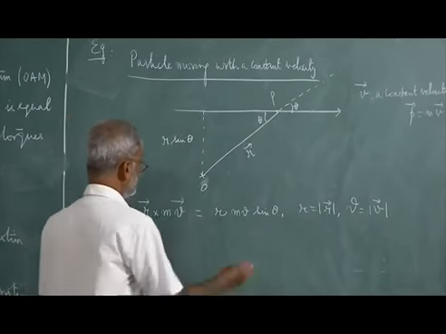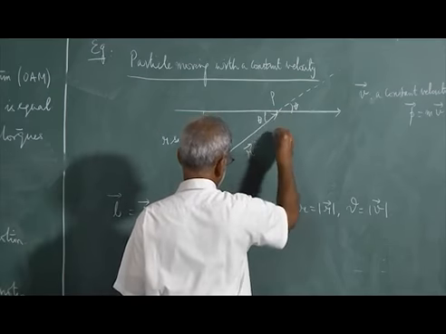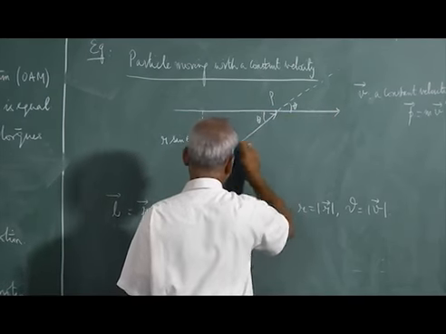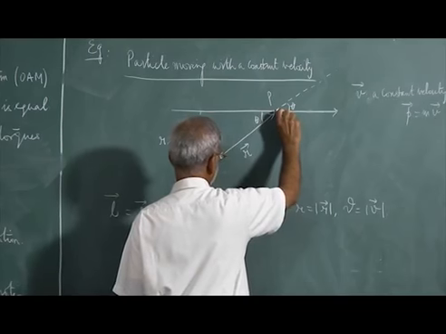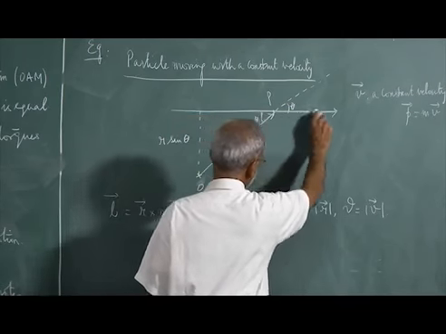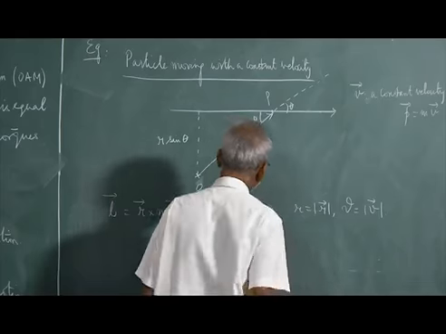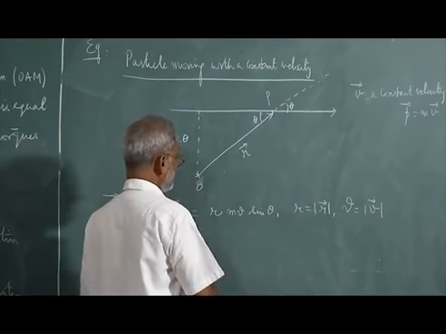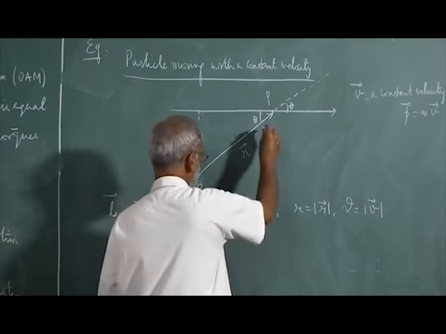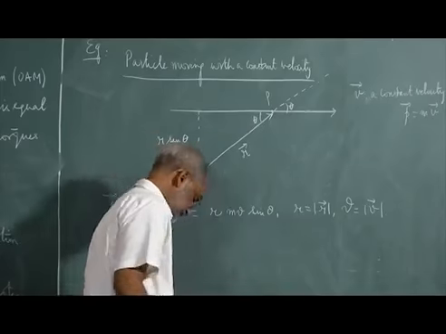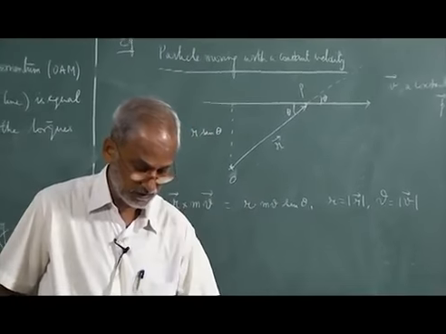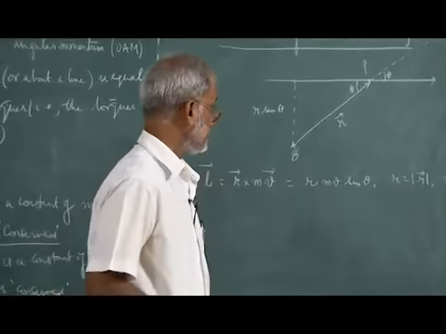What is its direction, sir? This is the position vector, this is the direction of position vector, and momentum is along this. Therefore, when I take this right hand thumb rule, I will look into the smaller angle, and so the direction is what?